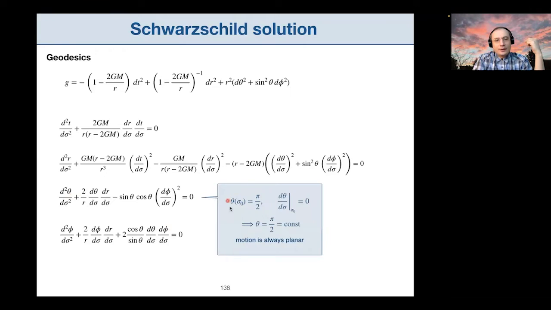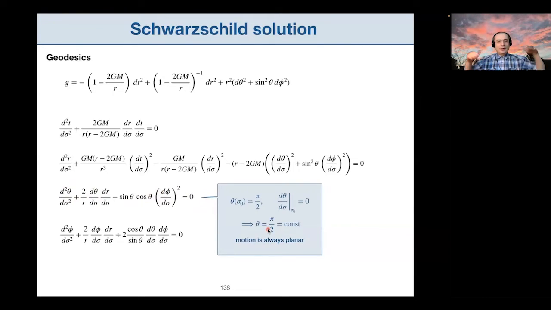Namely, it's easy to notice that if we assume that theta initially is equal to pi over 2, so the body is at the z equals 0 plane, and also its derivative vanishes there, so the body has a velocity tangential to this plane, then it's easy to check that theta equal to pi over 2 is a solution of this equation independently of everything else, simply because at theta equal to pi over 2, this cosine is 0, so this term vanishes. This vanishes because it's the first derivative, this is the second derivative, so both vanish, everything works.